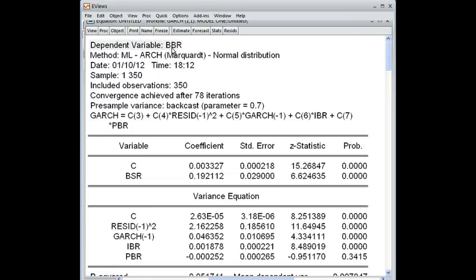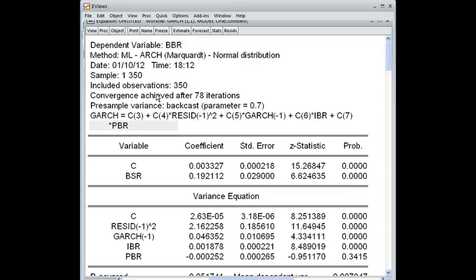And PBR cannot influence the volatility of the Bangladesh bond return. So what is our decision? Using normal distribution, ARCH significant, GARCH significant, IBR yes, but PBR is not. Okay, so this one we have done.